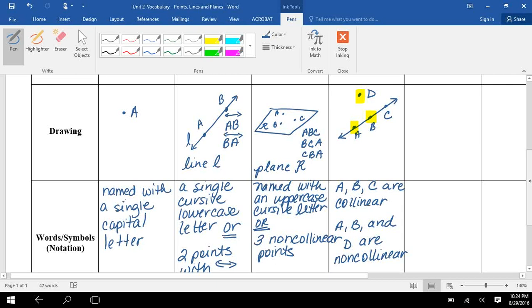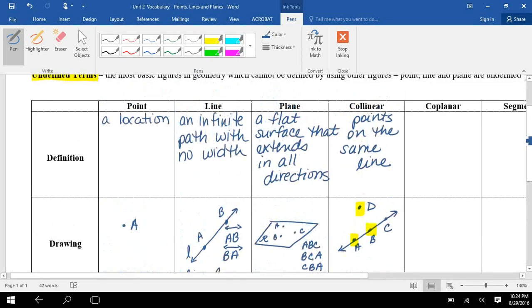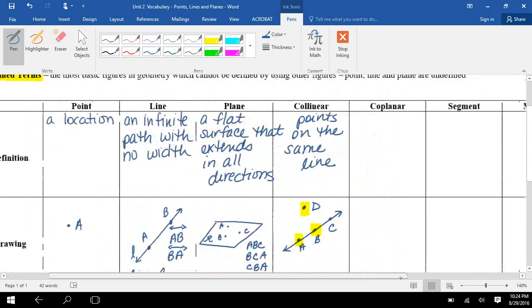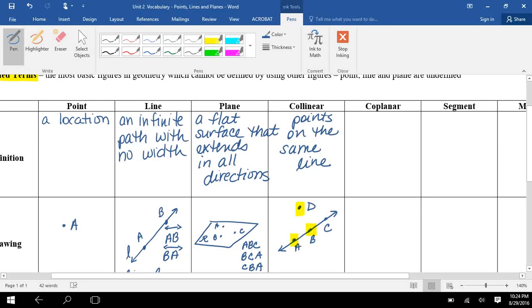Now the next word is also going to look kind of obvious, I think. If collinear are points on the same line, coplanar, want to take a guess? Points on the same plane.